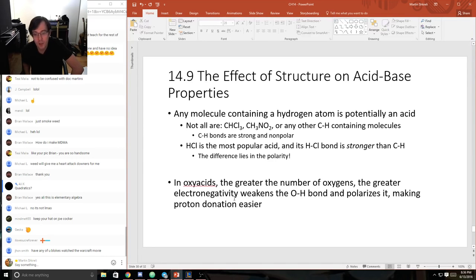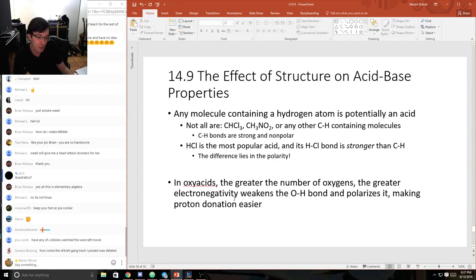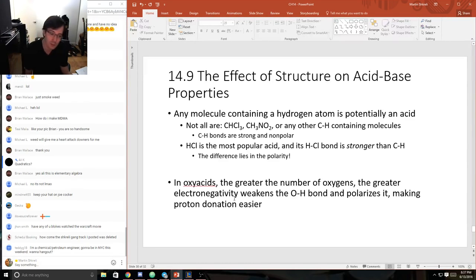Well, the CH bonds are very strong and they're non-polar, because the electronegativity is so close. But we have an HCl bond. It's actually stronger than a CH bond, but it's very polar because the Cl is so electronegative. So this will furnish that hydrogen ion. That proton will bounce out, whereas it won't in the case of this strong, nonpolar CH bond.